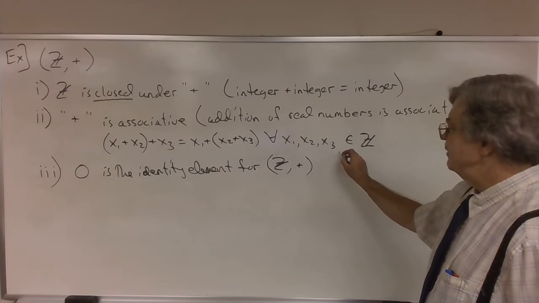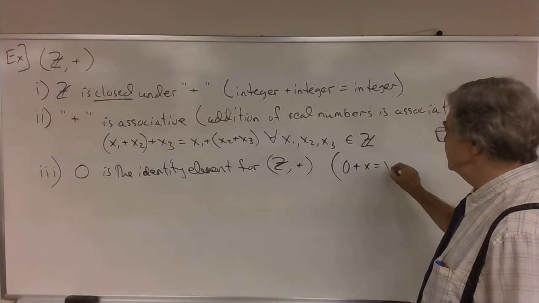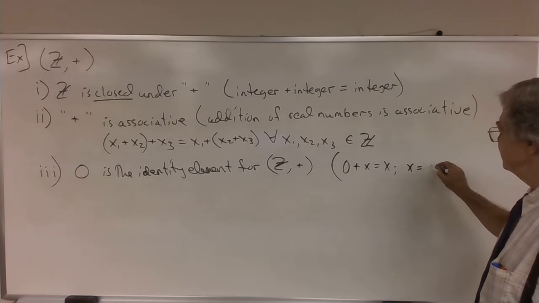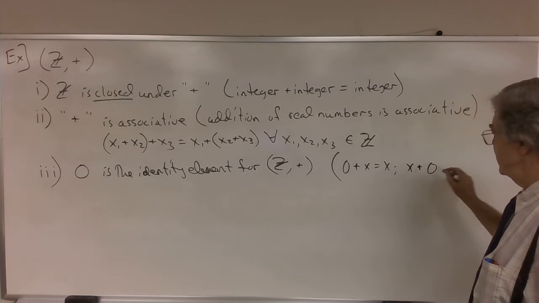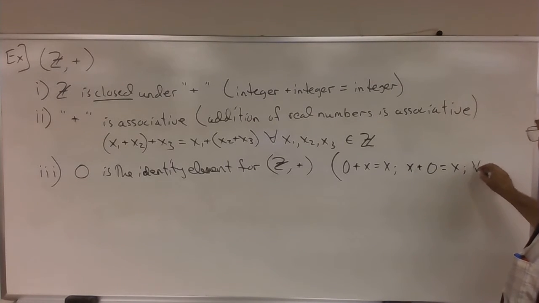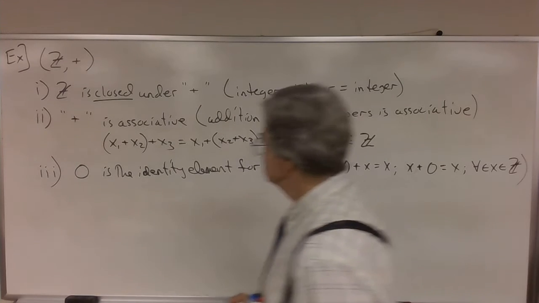And now, can we back that up? Yeah. 0 plus x equals x. X plus 0 equals x for all integers x. So we have an identity.